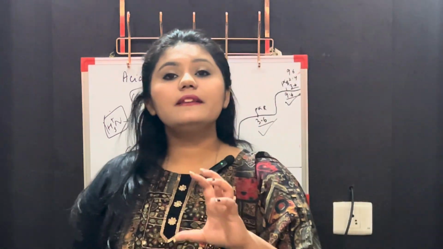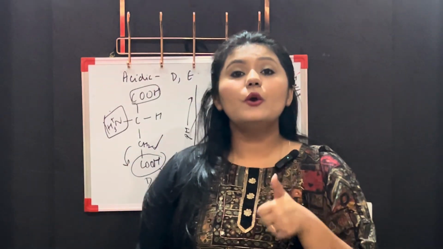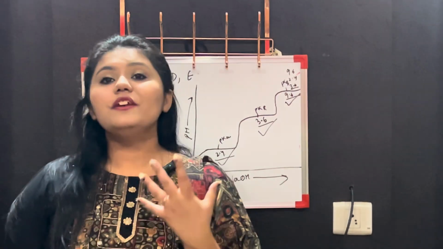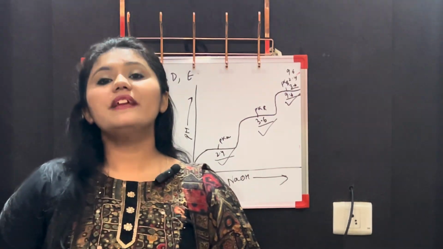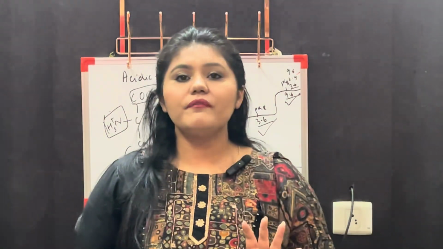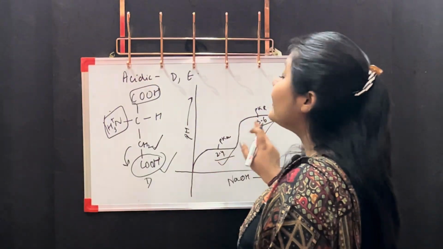Now we are going to calculate the pI of aspartic acid. Very important trick to learn. In the glycine structure, how did we calculate the pI? We added the two pKa values, pKa A and pKa B, and divided by 2. Then we calculated the pI of glycine. Now we want to calculate the pI of aspartic acid.